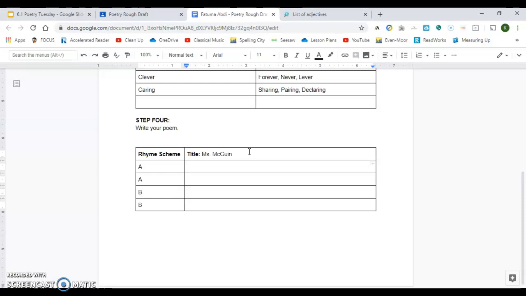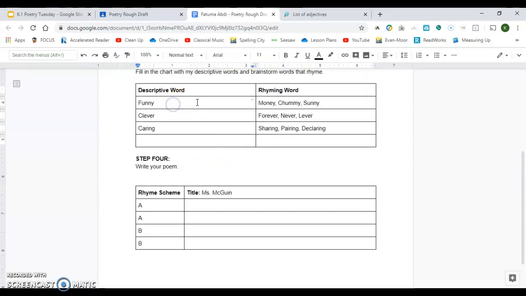All right, so I'm going to start with, let's see. I need 2 words because I need A and A. I need these 2 lines to rhyme. So I'm going to pick from my words here. I'm going to do funny and money. So now I just need to make 2 lines with that. I have a friend that is so funny.